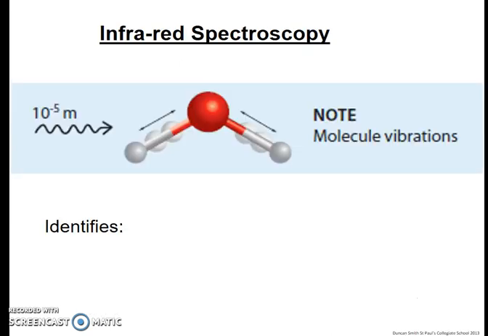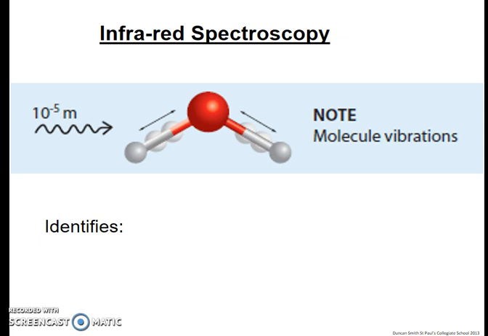With infrared spectroscopy, we have the bonds that exist within different molecules, and if we hit them with the right frequencies of infrared light, then some of that energy can be absorbed as the bonds rotate, vibrate, stretch, bend, and all that kind of stuff.